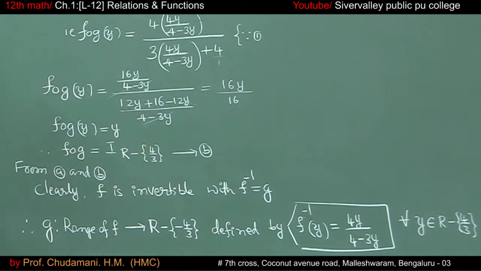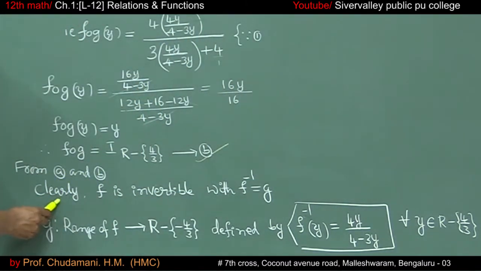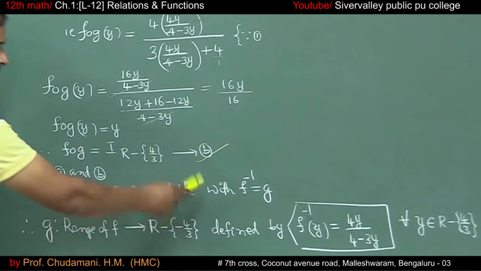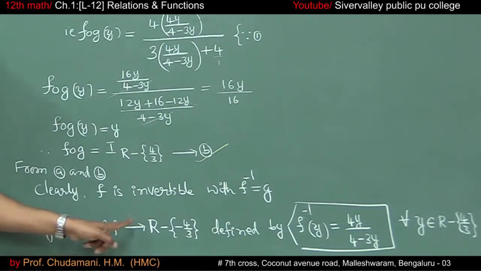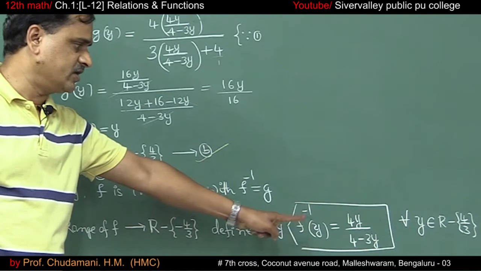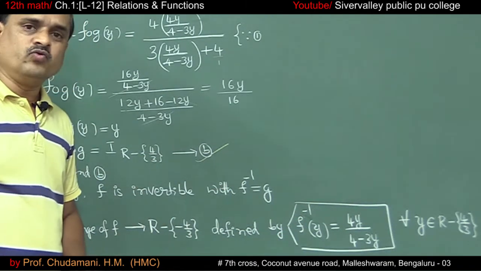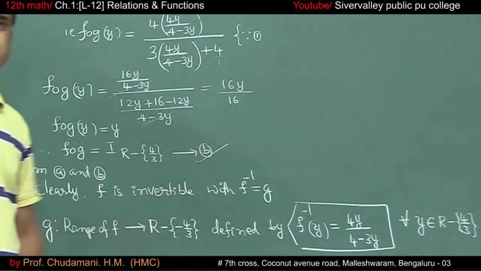Say equation B. From equations A and B, clearly f is invertible with f inverse equal to g. Therefore, g, from the range of f, that is the real numbers except 4 by 3, to the real numbers except minus 4 by 3, defined by f inverse of y equals g of y. G of y is nothing but 4y divided by 4 minus 3y for all y belongs to the real numbers except 4 by 3. This is the inverse of the function.